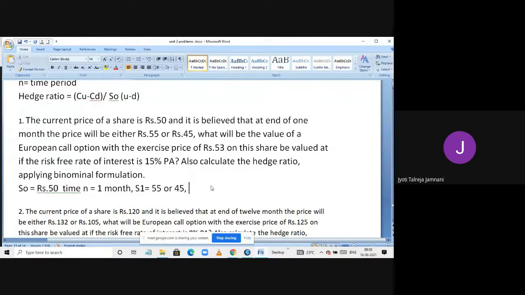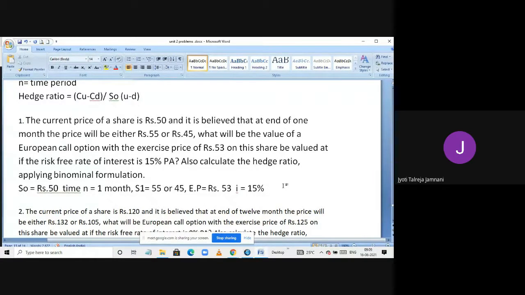So now they have given us the exercise price, which is equal to rupees 53, on this share, if the risk-free rate of interest is 15% per annum. So here they have told I is 15% per annum. Also calculate the hedge ratio applying binomial formulation. So we have to use the binomial model.